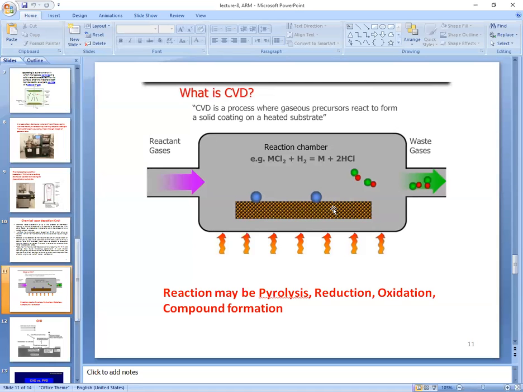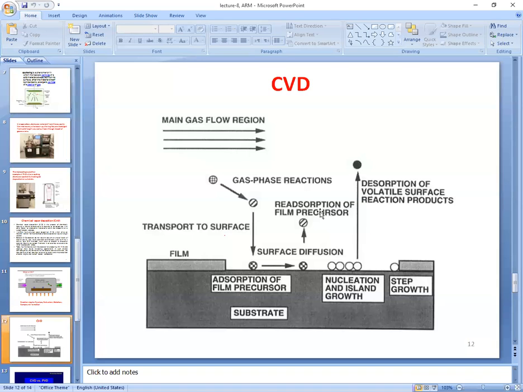on a substrate. So in this diagram, you can see that the gases are allowed to go to the chamber, and then a reaction takes place, and after reaction the material is transported to the surface of the substrate.